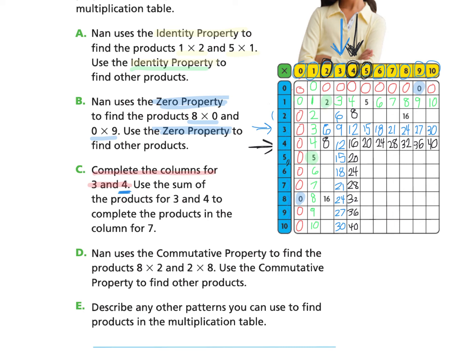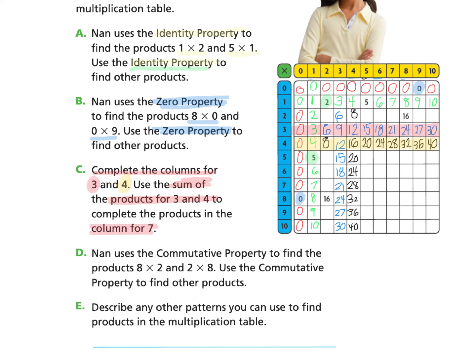And I'm just going to clean up the side here for a second. And now there's more instructions on part C that we need to look at. So we did the first part. Now we need to go back and take a look at the other information that they'd like us to do. Okay, it says use the sum of the products for 3 and 4 to complete the products for column 7.